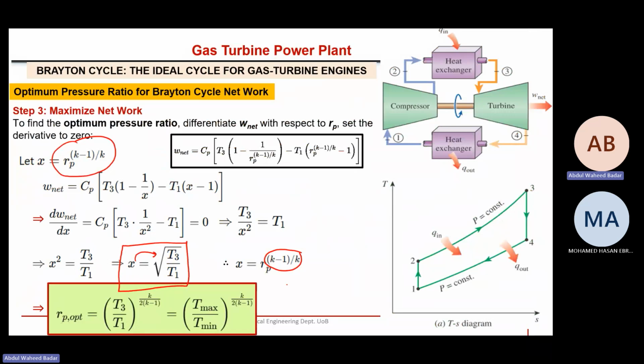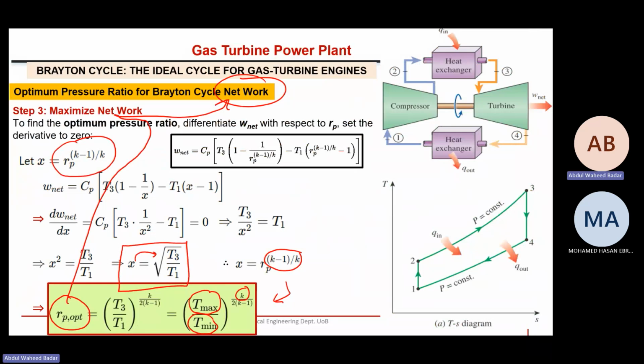So what this equation is telling us: for a given T maximum and for a given T minimum and for a given type of gas, this is the optimum pressure ratio for maximum net work. Similarly, you can derive another equation, Rp for efficiency.